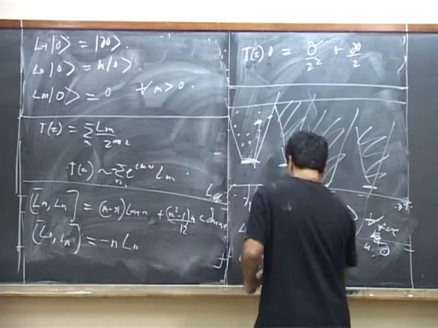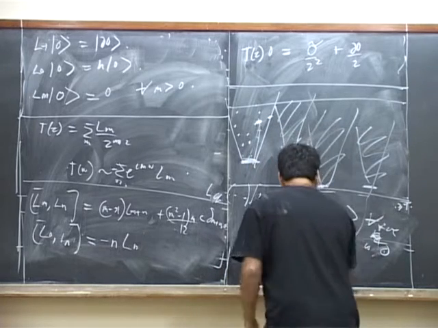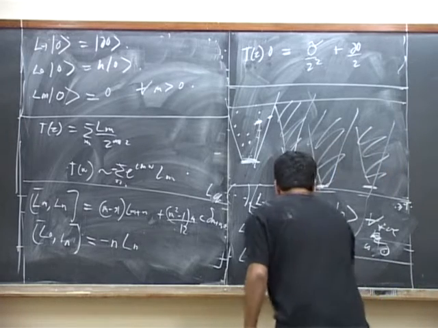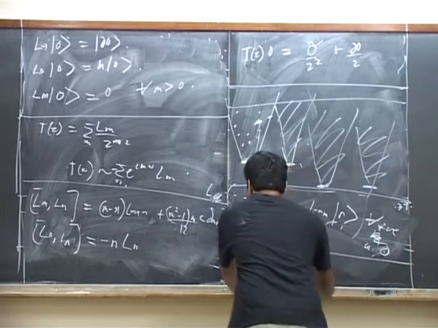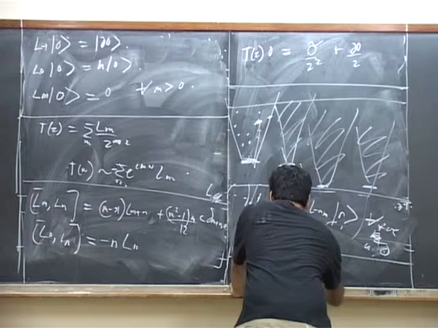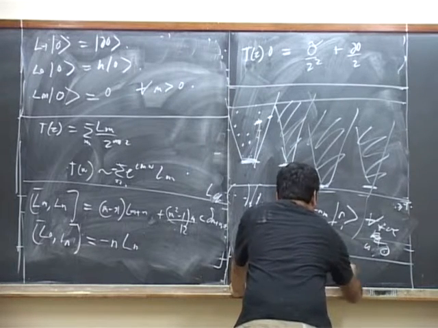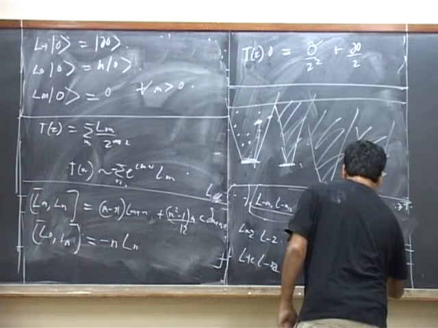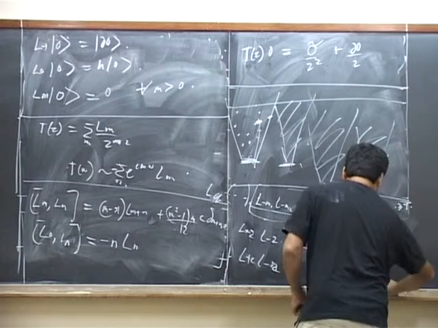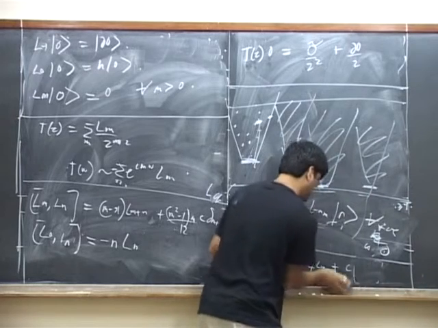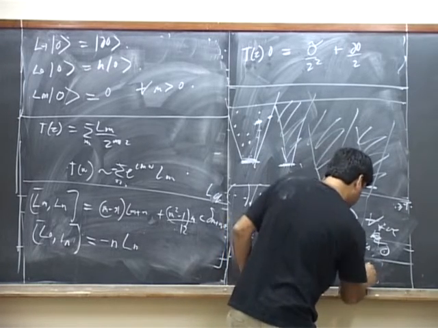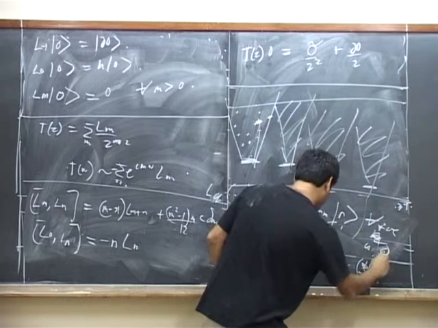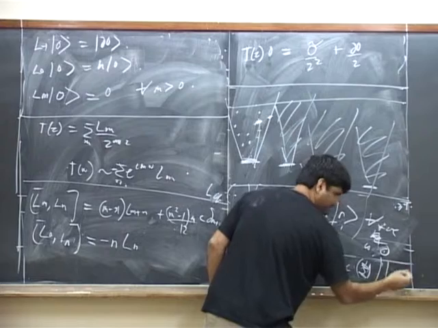So L plus 2 times L minus 2 is something very concrete. What is it? It's 4 L0 exactly, plus some c into m into some number, 3 by 2, acting on this state.